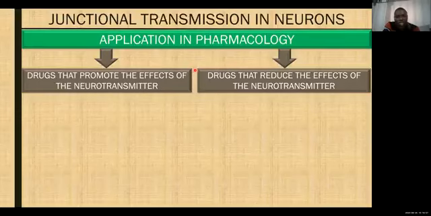We can manufacture drugs that influence that transmission. So you can have drugs which will promote, or let me say mimic, the effects of the neurotransmitter. You can use the term mimic instead of promote. But you can also have drugs that cancel the effects of the neurotransmitter.